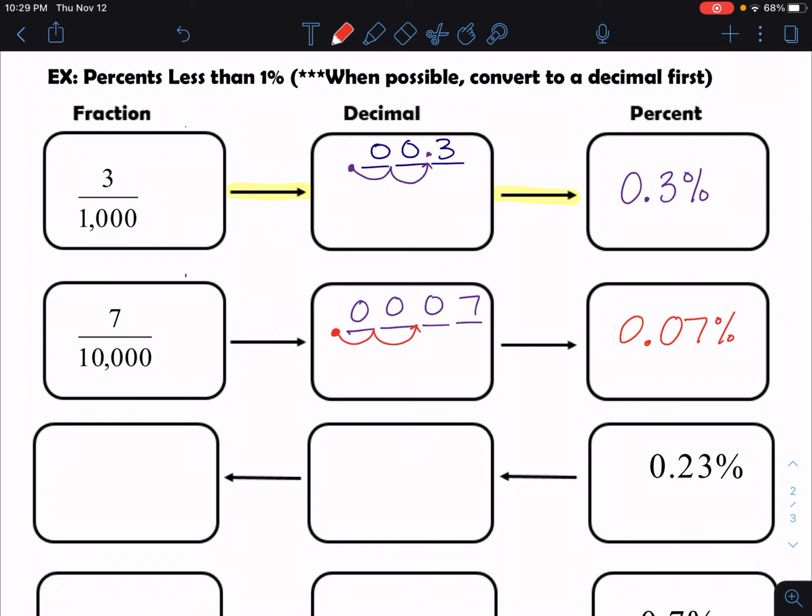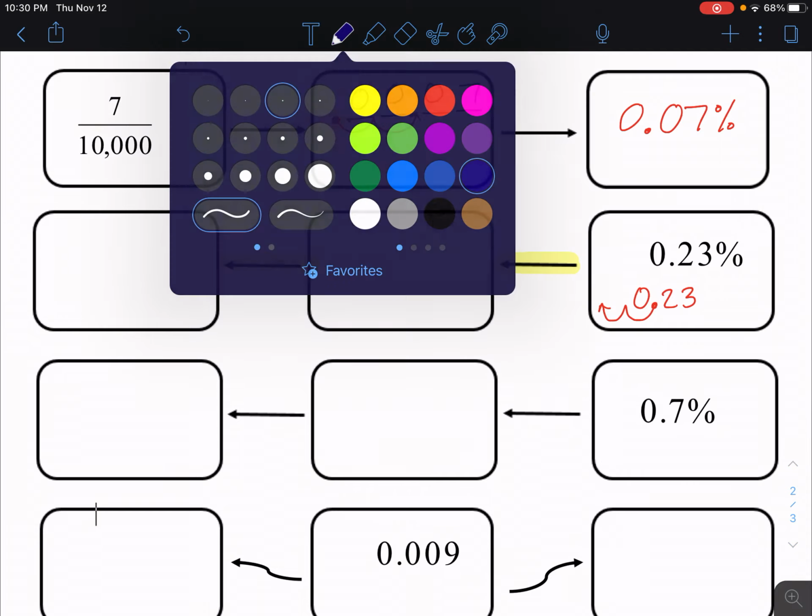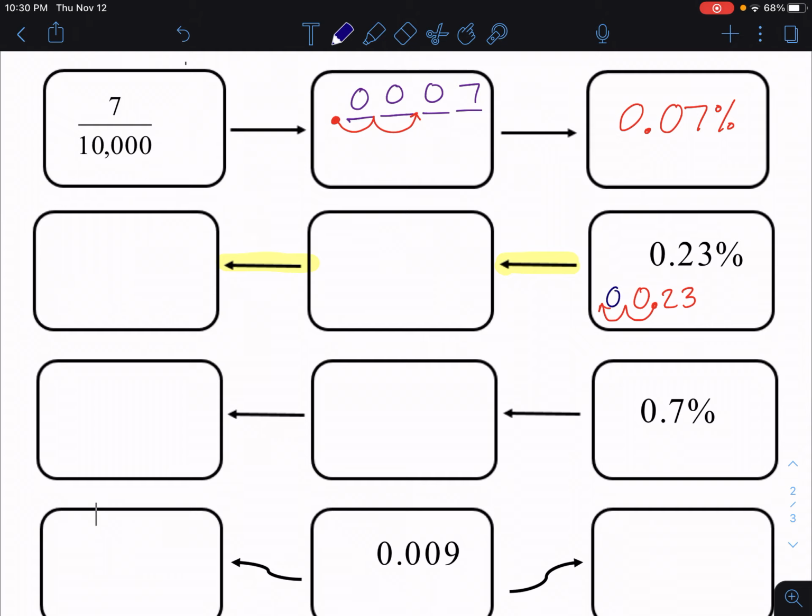Next one, we're going to go from percent back to decimal. So we're going this way this time. So to go from a percent back to a decimal, I've got 0.23. I'm going to take my decimal and go 2 places to the left. So this time I'm filling in a space with a 0.